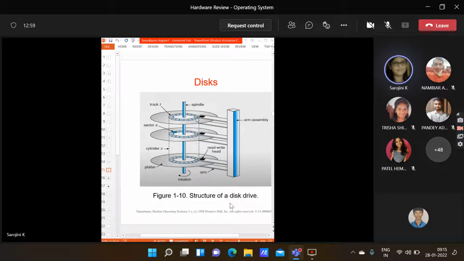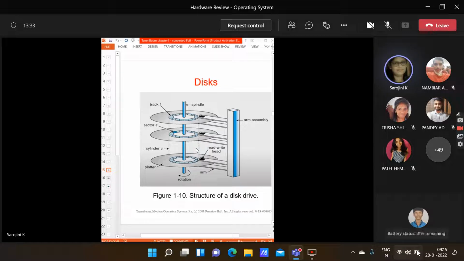The read-write head is currently touching track number 2, and in the next disk the read-write head at that same time will touch track number 2 only, and here also track number 2. Please understand, at any point of time, the read-write arm points to the same track in each and every platter.